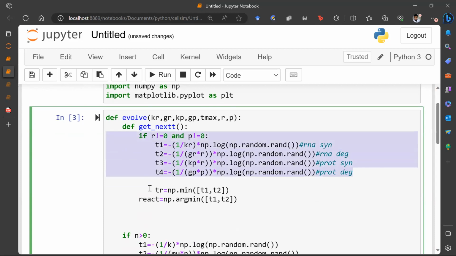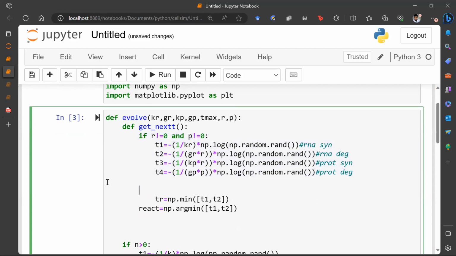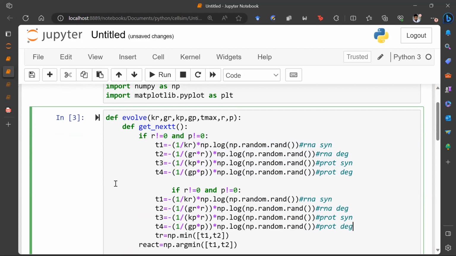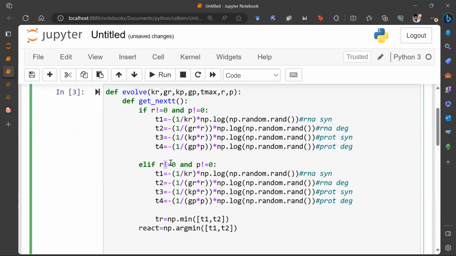So the other case is where, let's say, R is 0. If R is equal to 0 and P is different than 0, we have that 1 over this rate is infinite.